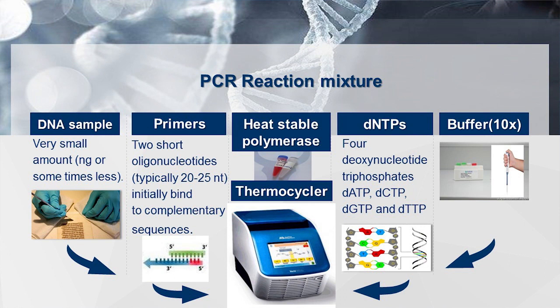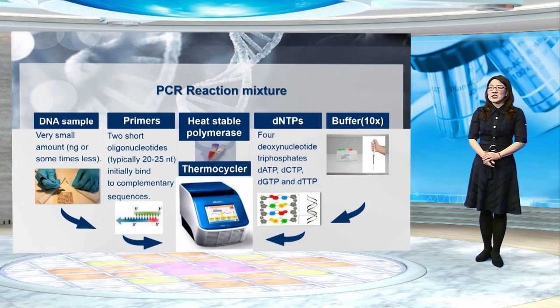Here is the PCR mixture, or we usually call it the PCR system. In order to be able to select a particular target from the mixture of sequences, specific sequence information must be available. This information is used to synthesize short oligonucleotides, we call them the primers, that initially bind to the complementary sequence. The reaction mixture also contains the DNA building blocks, the 4 deoxynucleotide triphosphates, the dATP, dCTP, dGTP, and the dTTP.